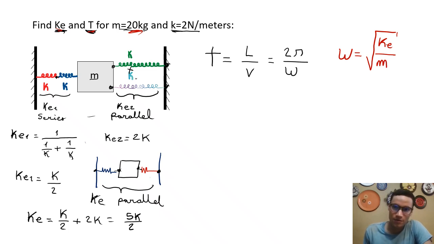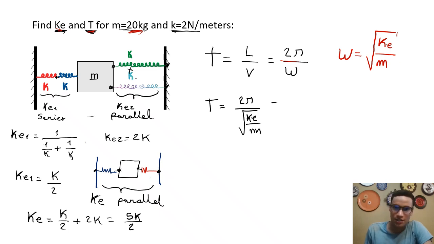Then we have this in the denominator, so we can express the period as 2 pi divided by the square root of K equivalent divided by m.